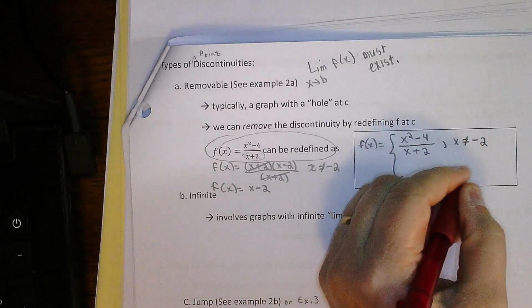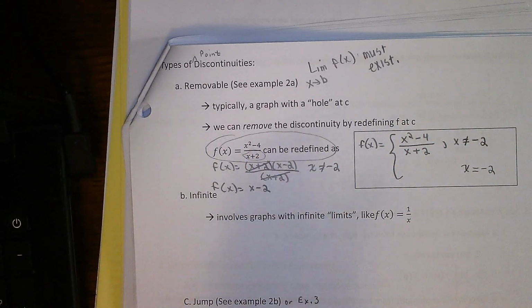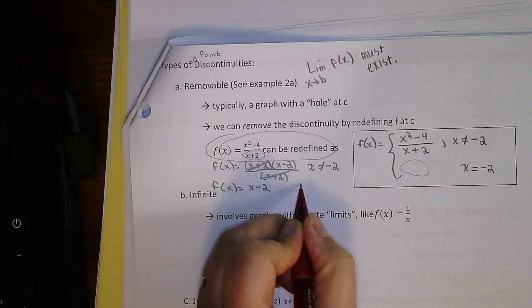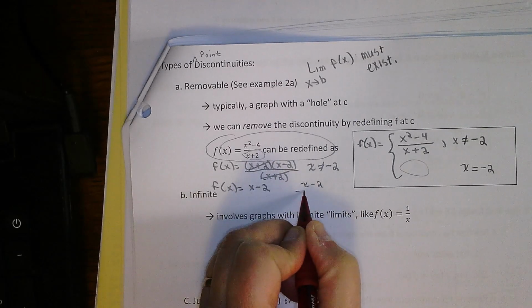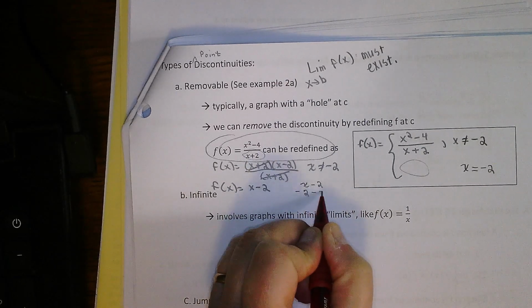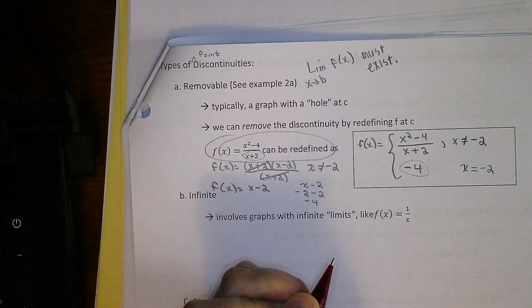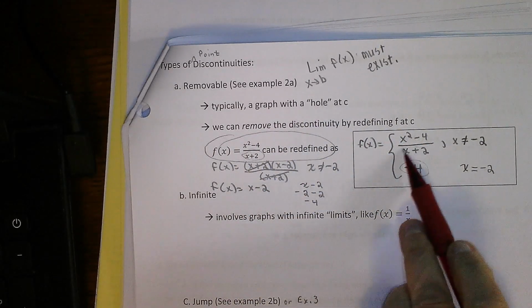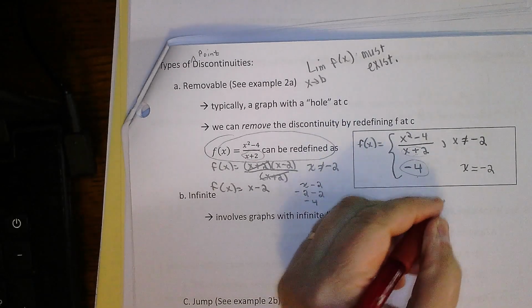So I'm going to redefine it: when x equals negative 2, let it equal something. What do we want to let it equal? Well, x minus 2 when x is equal to negative 2 is negative 4. So now I've removed the issue. The issue was at x equals negative 2, and I removed the discontinuity.